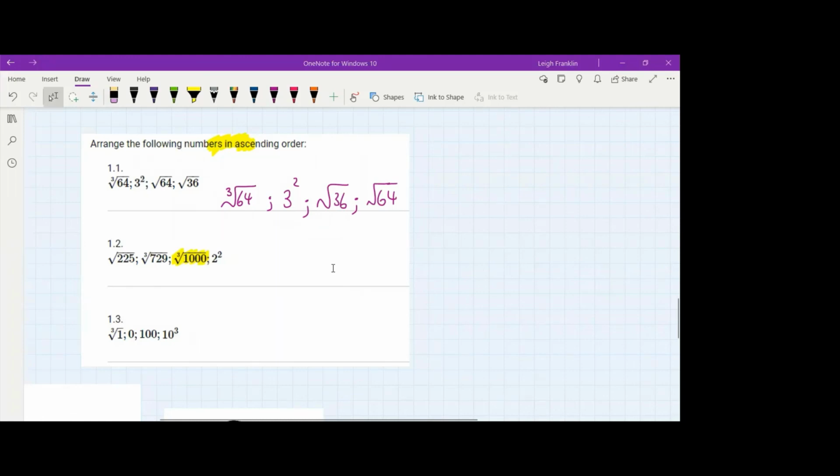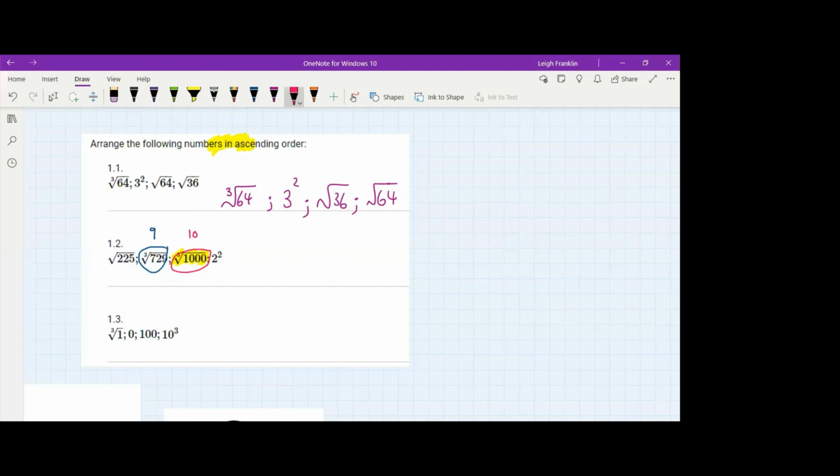Yes, Linumta, 9 times 9 times 9 is 729. Perfect. So the cube root of 729 is 9. So in other words, the answer to this one over here is 9. The answer to this one over here is 10. All right, so now we've got to work out the value of the other two things.